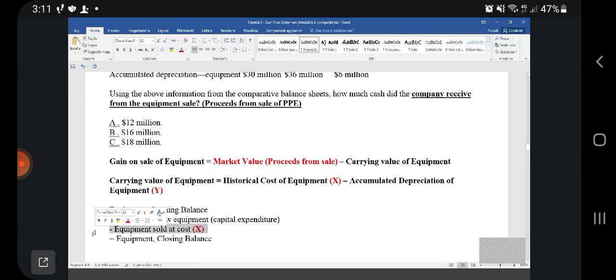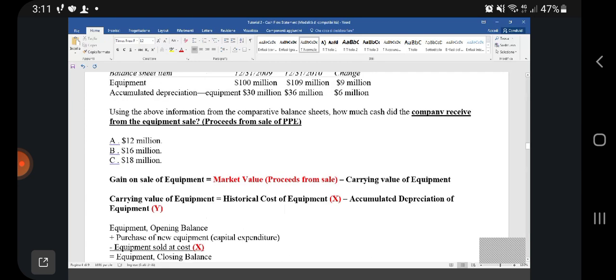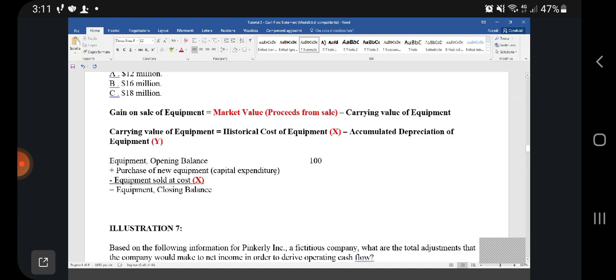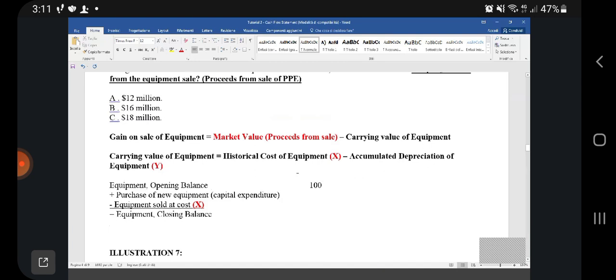Let's see what we have and don't have in this equation. What is the opening balance of the equipment? The opening balance is 100 million and the closing balance is 109 million, right? So the opening balance 100. Purchase of new equipment, yes, capital expenditure is here. So plus purchases, 15.